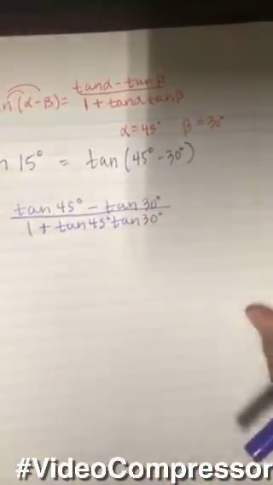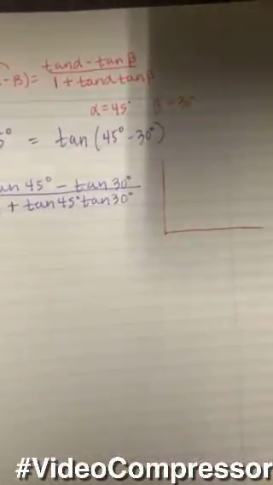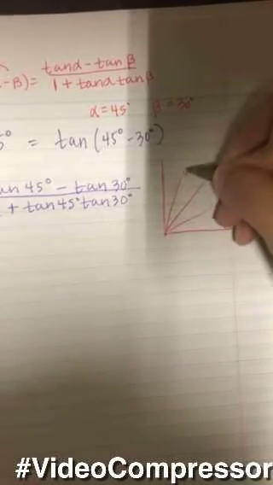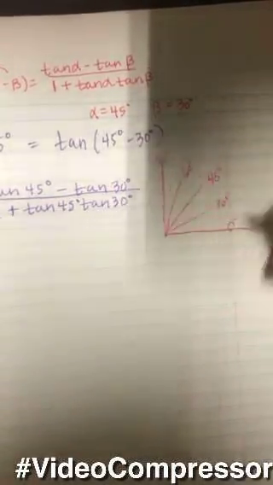So now I'm going to do a little side note because we're talking about 45 and 30 degrees. I'm going to talk about the unit circle. So let's think back to the unit circle. I'm looking at the tangent unit circle, right? So this is at 45 degrees. Here I have 30 degrees, 60 degrees. This is 90 degrees, and then this is 0 degrees.